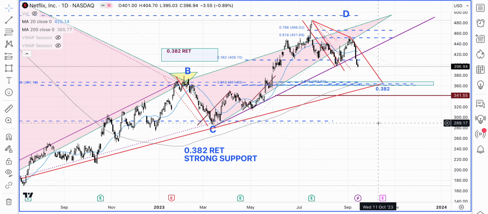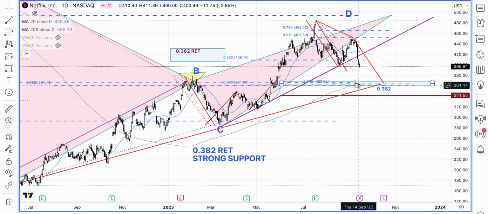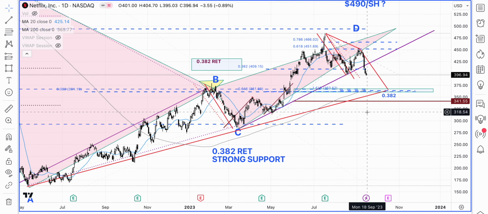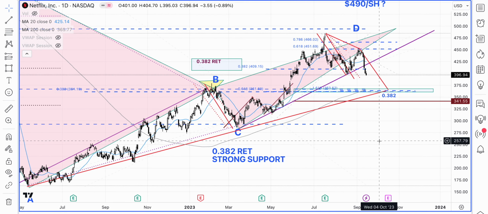It's about $30 lower than where the price is right now, so there's a possibility it could get there. If the price begins to break below that, then we'll have to look at it in a different way, because the 38.2% Fibonacci retracement would have also been broken. But for now, the next key level to watch in Netflix is about the $360 per share level.